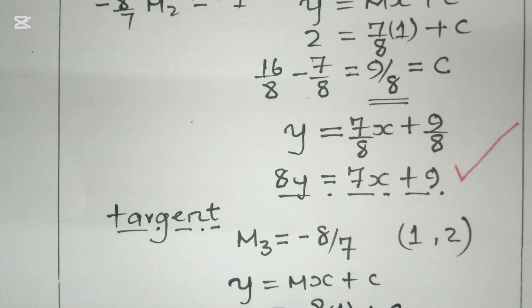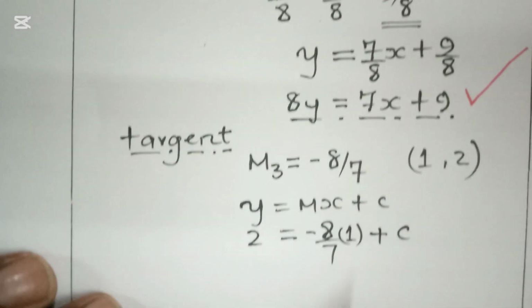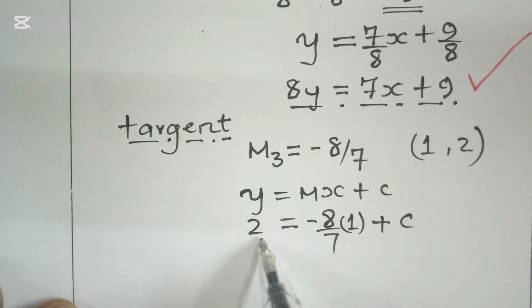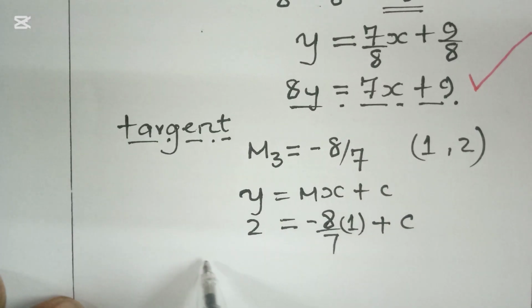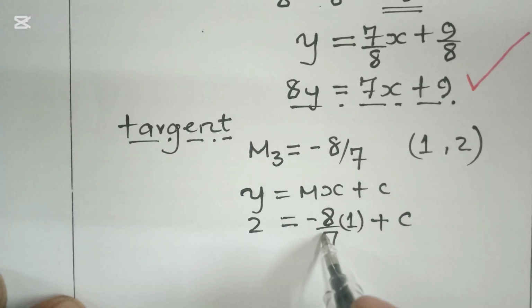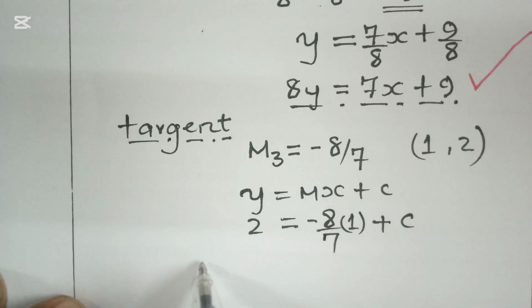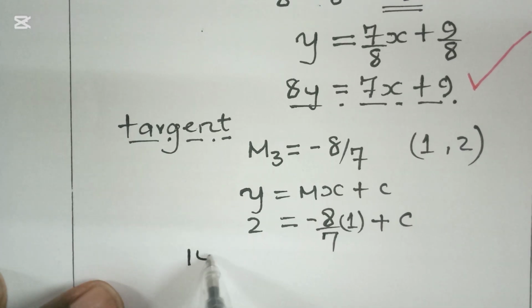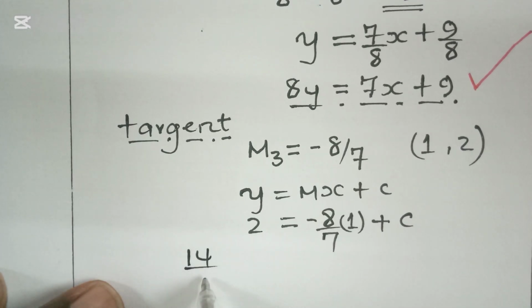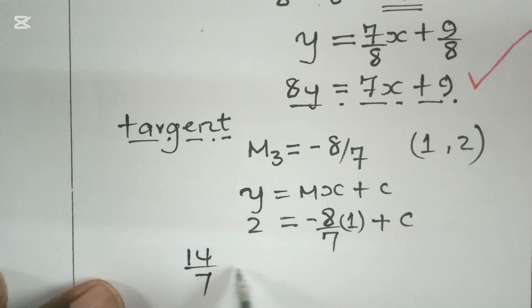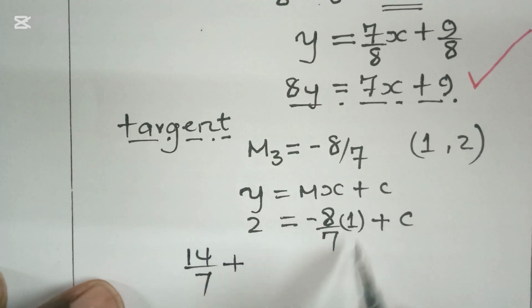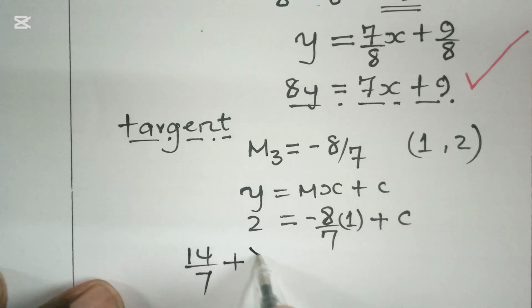plus c. So I do likewise, whereby I can write 2 in terms of 7 in the denominator. This one gives us 14 all over 7, which gives us 2. Now plus, if I bring this term to the other side, it will be 8 over 7.